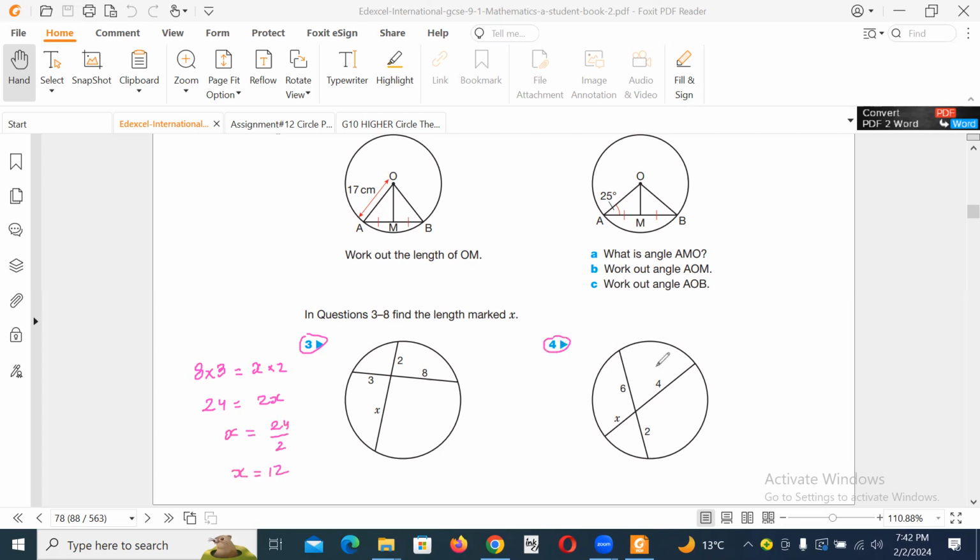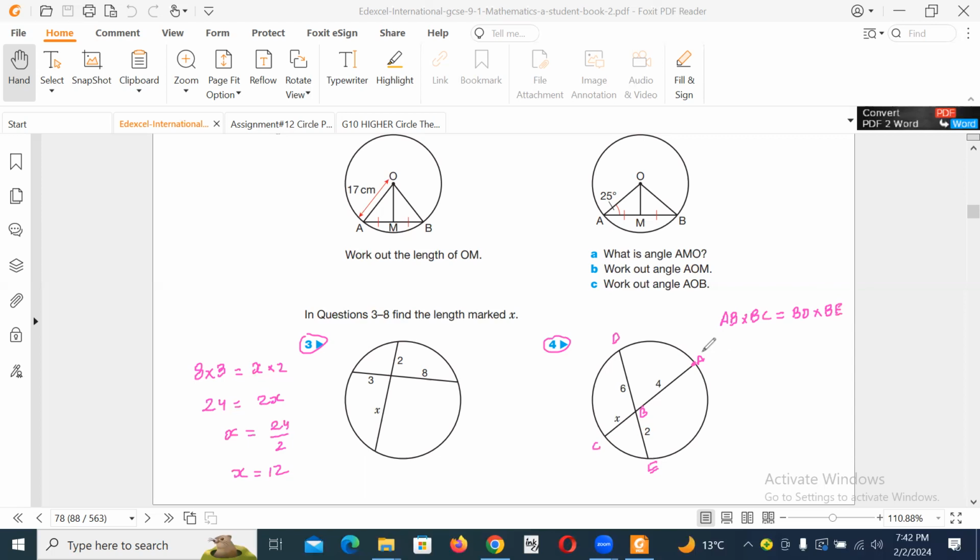And if we check question number 4, it is the same concept. A to B, C, let's suppose this is D and this is E. If you want to make the rule, AB multiplied by BC is equal to DB multiplied by BE.